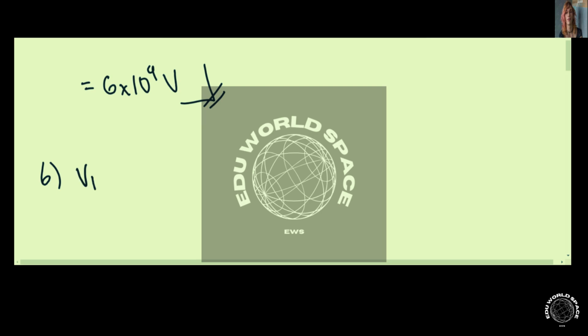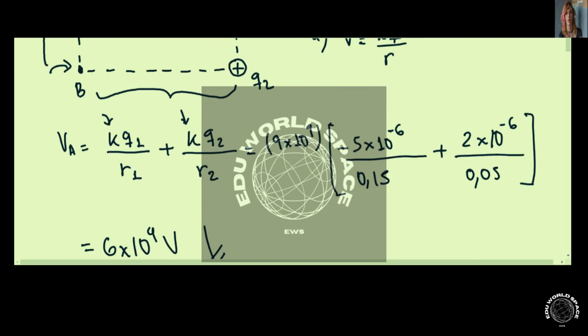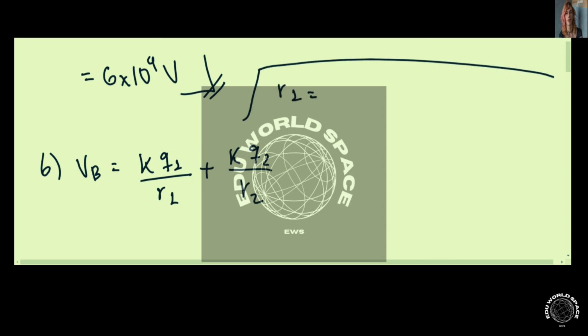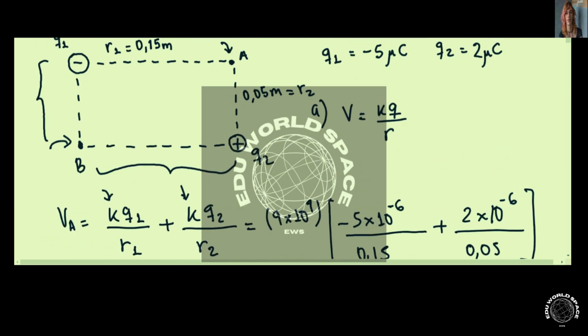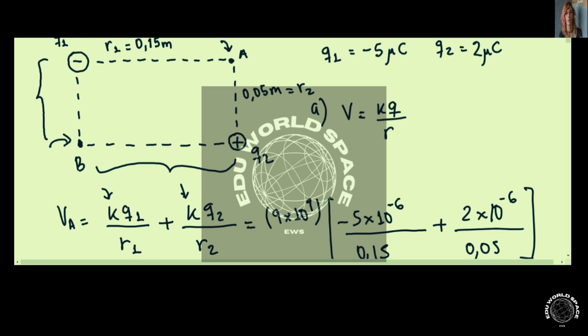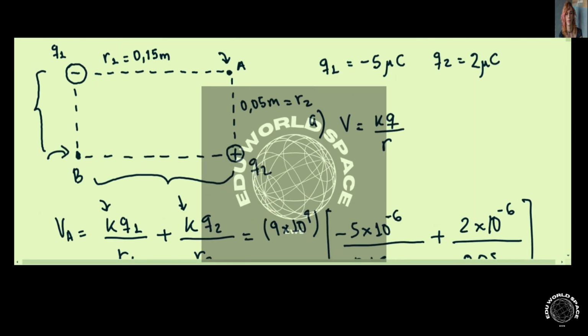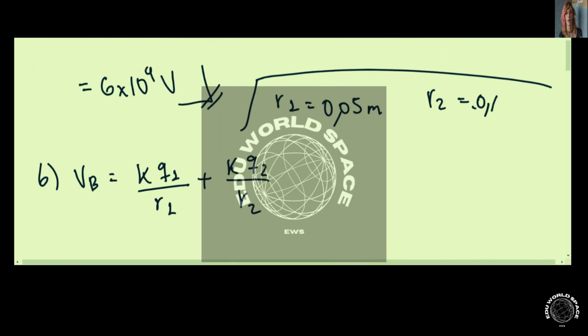We use the same equation, but changing those distance values. R1, the distance to Q1, is 0.05 meters, and for R2 we have 0.15 meters.